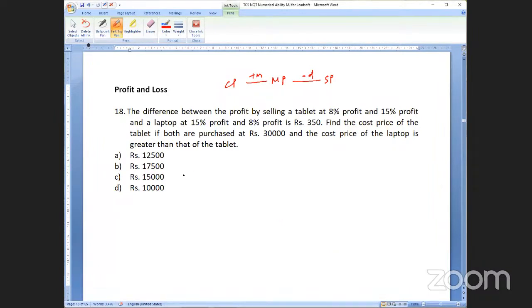Let's work this out. The difference between the profit by selling a tablet at 8% profit and 15% profit, and the laptop at 15% profit and 8% profit is 350. Find the cost price of the tablet if both are purchased at rupees 30,000.